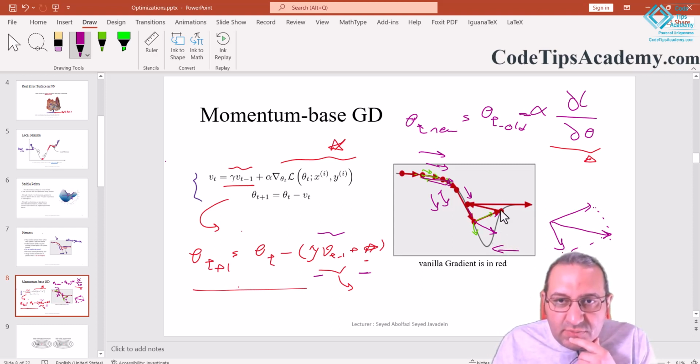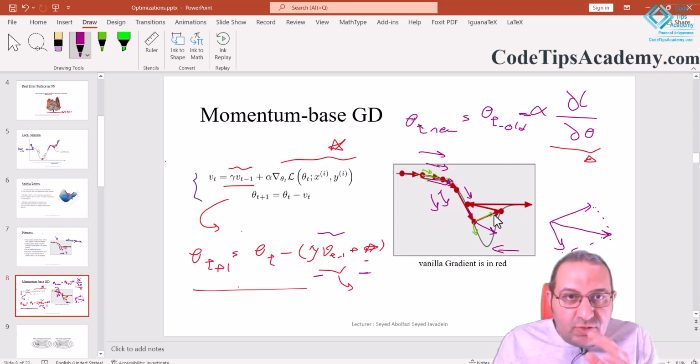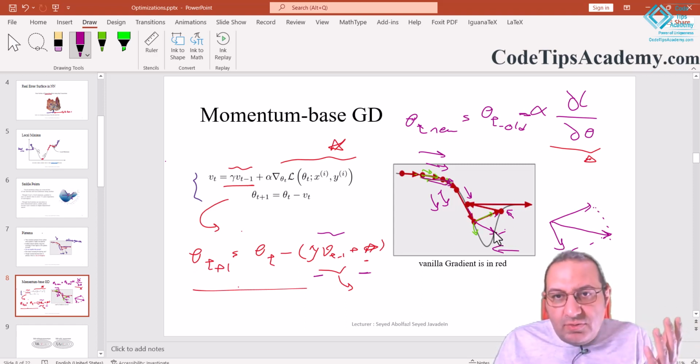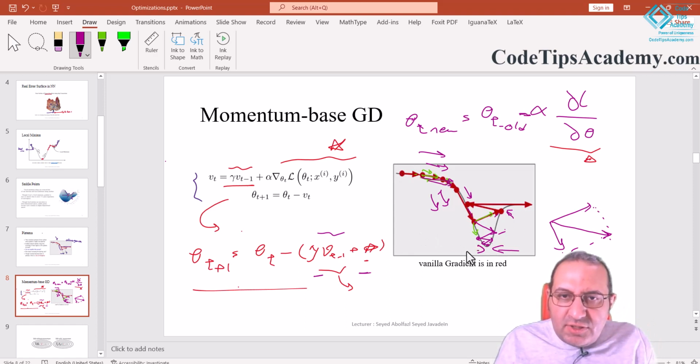Here is the global minima, and using momentum leads to a better solution. Instead of going to here, I go to here and reach this, and in the next step we go here and here, and you can see that after some oscillation we can get the global minima that is here.